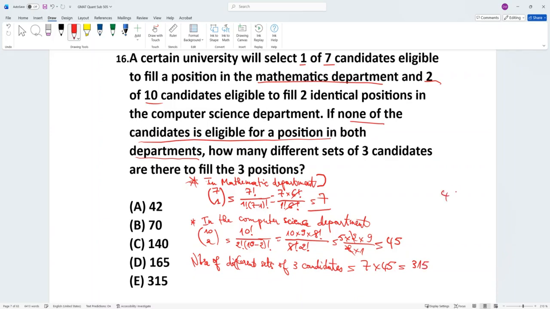Okay, 45 times 7, 35, 28 plus 3, 31. This is the answer.